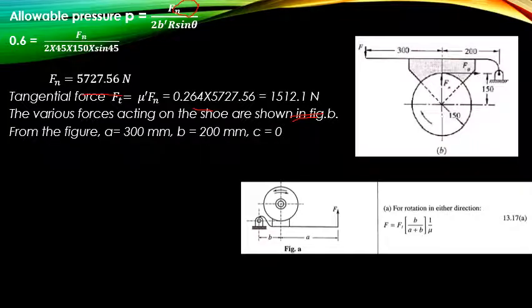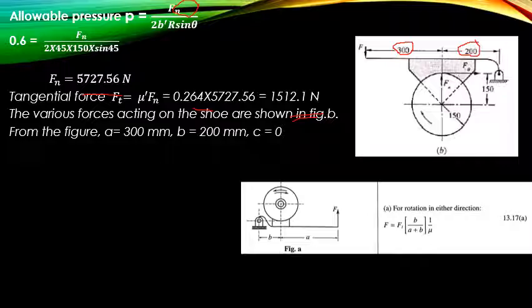If we see from the figure, the value of A will be 300 mm, the one which is near to the applied force, capital F. That is 300 mm, and B is 200 mm. Since the tangential force Ft passes through the fulcrum, the distance C is 0, so this belongs to the case 1 problem.